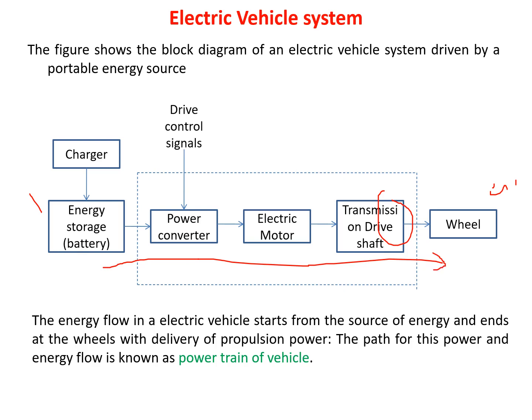The path for this power and energy flow, whatever the way it goes from the energy storage system battery to the wheel, is called the power train of the vehicle.